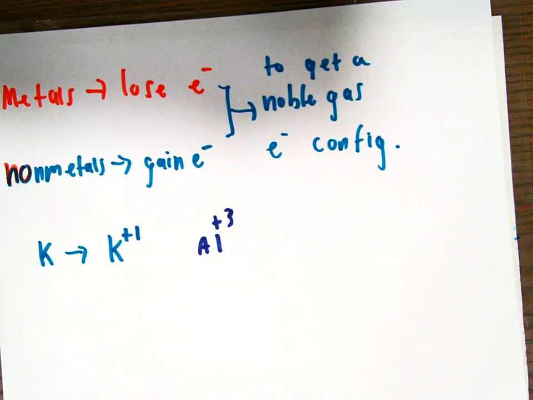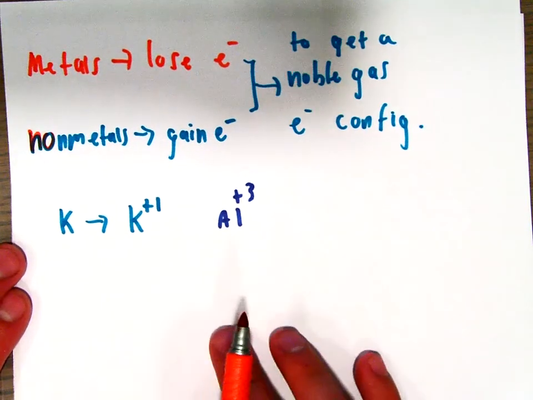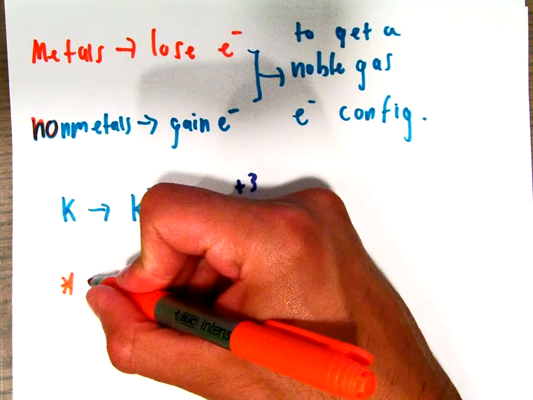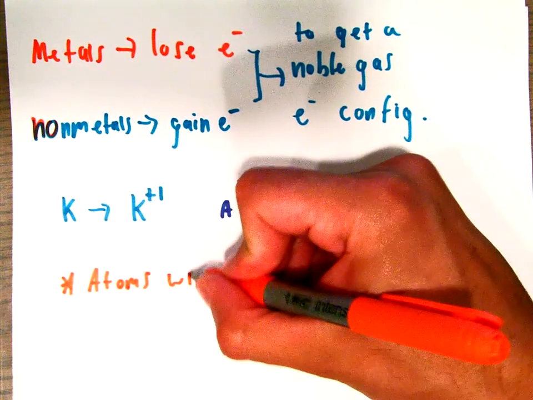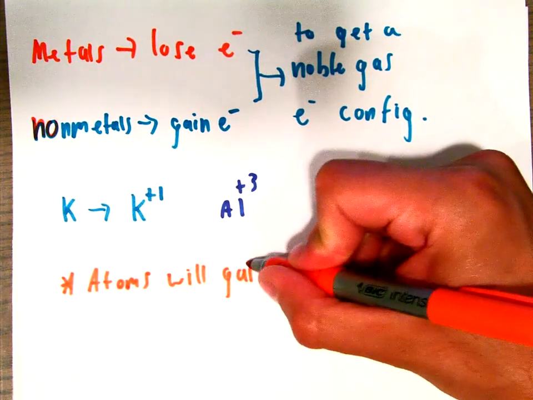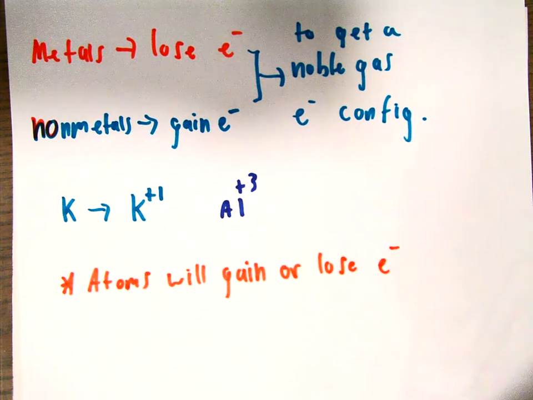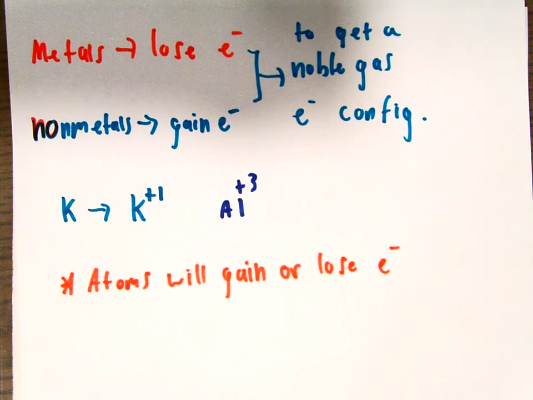Okay, so a couple of things we want to note. Last of all, why is it that things react the way they do? Why is it that some gain and some lose? Okay, atoms will gain or lose electrons depending on what is more favorable in terms of energy.